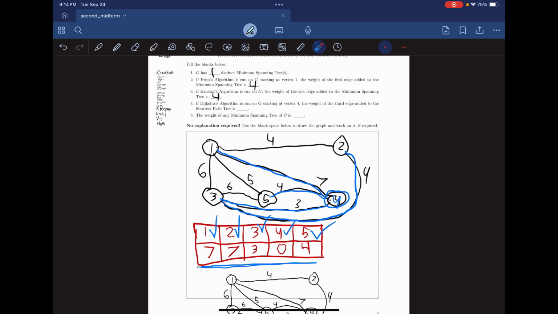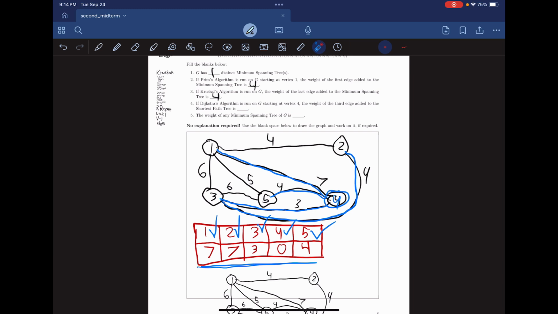So is 7 plus 4 less than or greater than the current distance for 1, which is 7? 7 plus 4 is greater than 7. So we don't need to add this edge right here. Therefore, we have visited all of our vertices now. This is our shortest path tree.